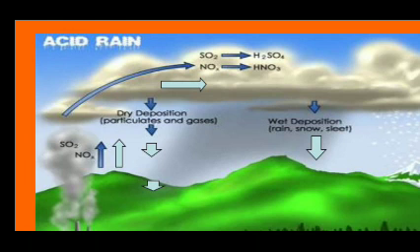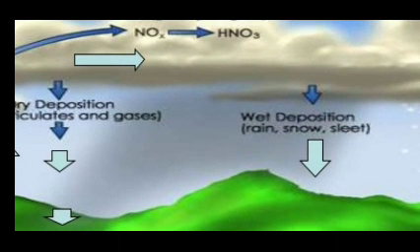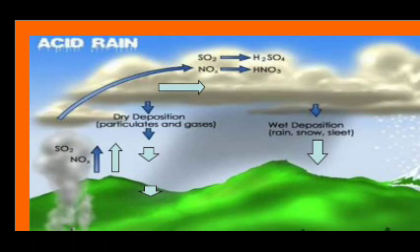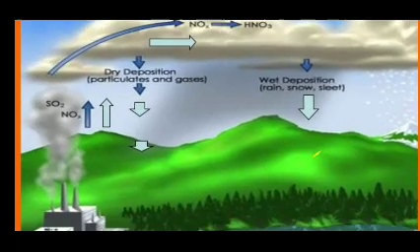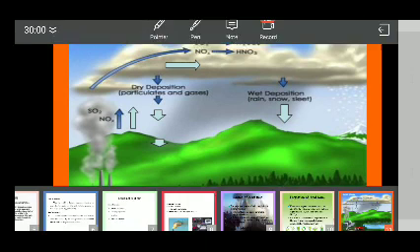These acids mixed with rainwater are called wet deposition. This wet deposition, rainwater, snow and fog, falls on a mountain or any land. Then the pH value is less than 5.6.